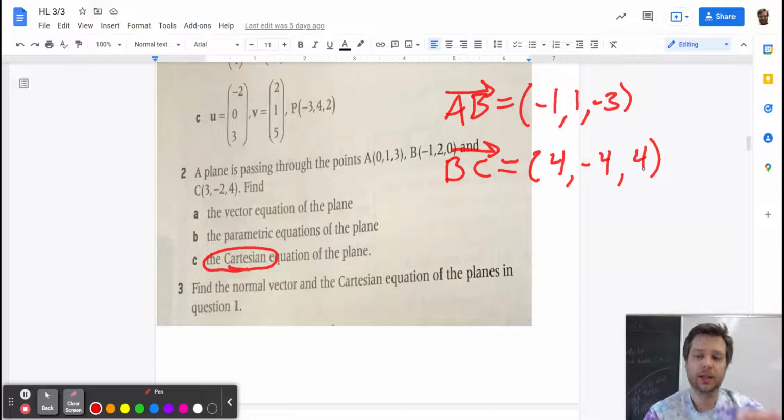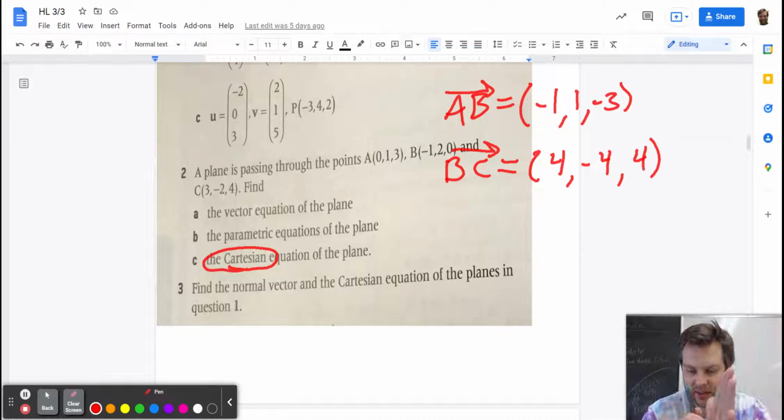And so one word that they use a lot in thinking about linear algebra is to span. Basically what you're taking is AB and BC, and you're adding as many scale multiples as you want. If you think about a piece of paper, like 8.5 by 11, you're just adding as many horizontal and vertical components as you want.